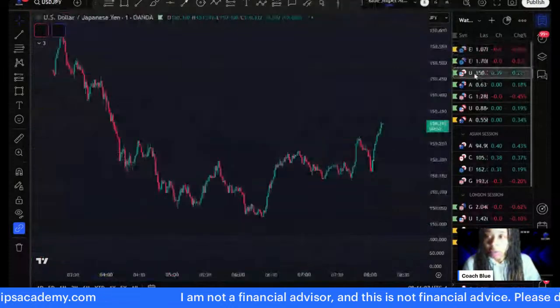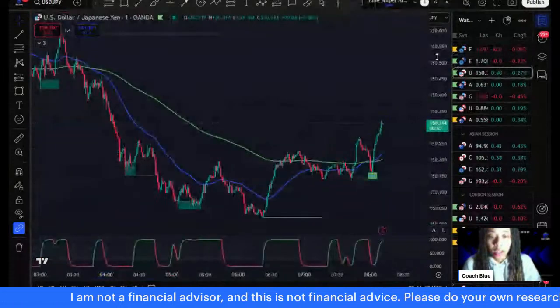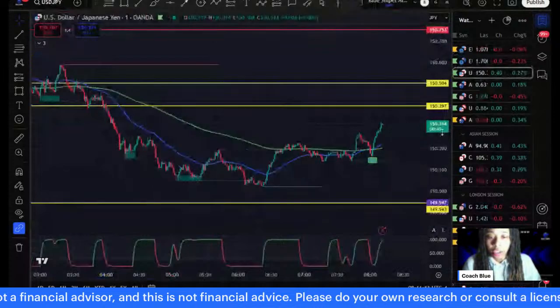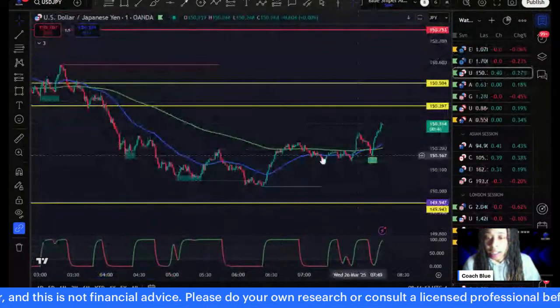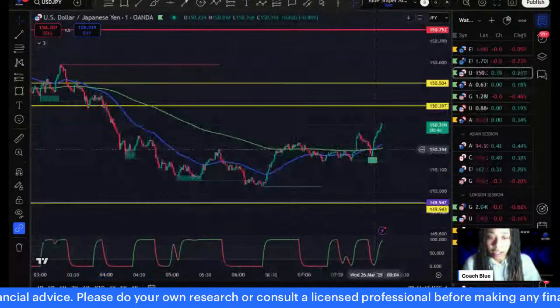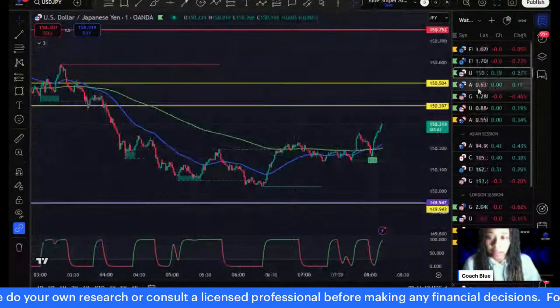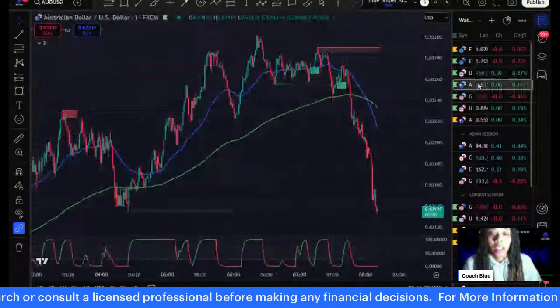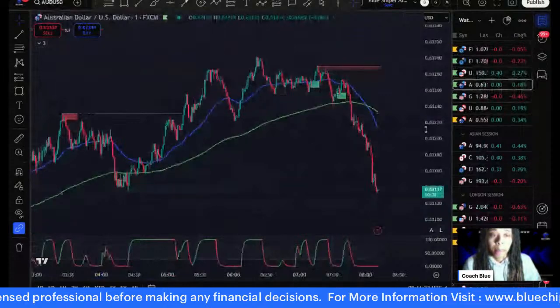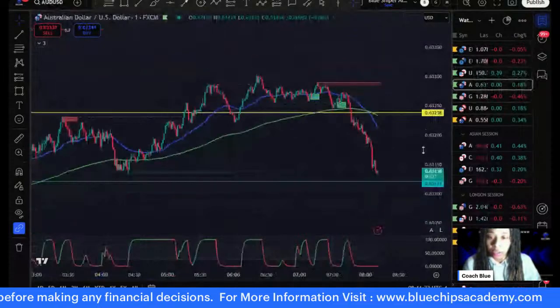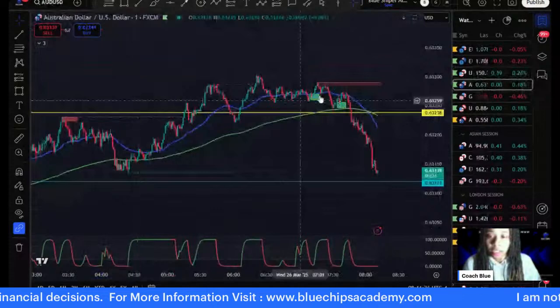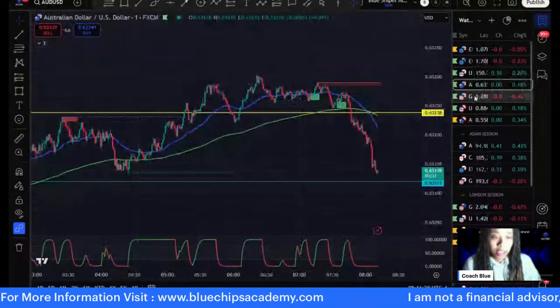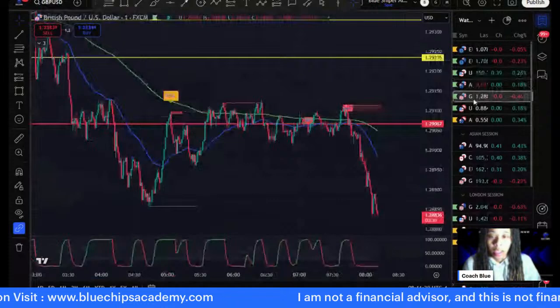So let's go to our next pair, USD JPY. USD JPY is not ranging right now. It's trying to move to the upside, so I'll leave that green. And by the way, I'm on a 1 minute chart, guys, for those of you that aren't familiar. AUD USD is trying to move to the downside here, so that's not ranging. Same thing with GBP USD.